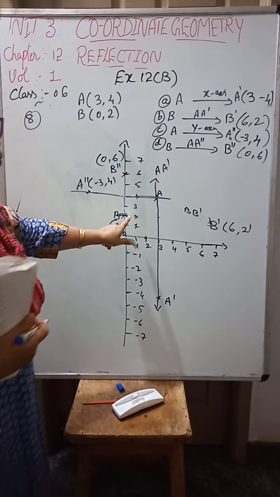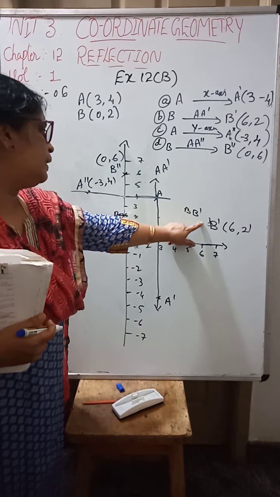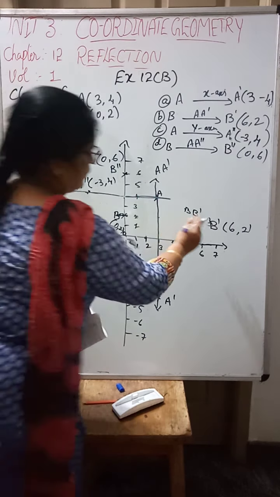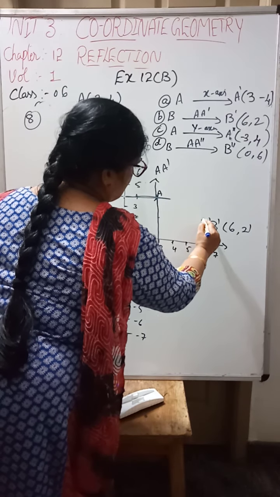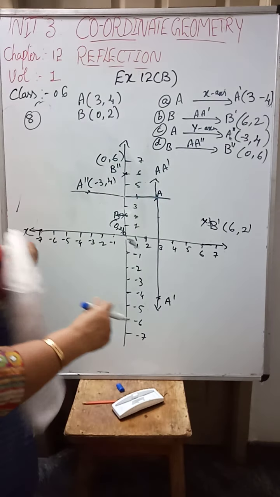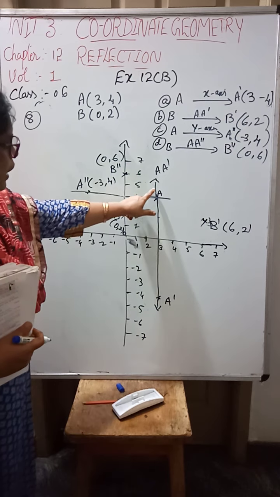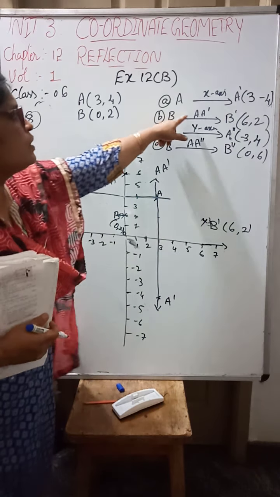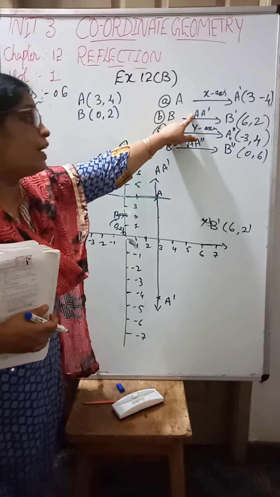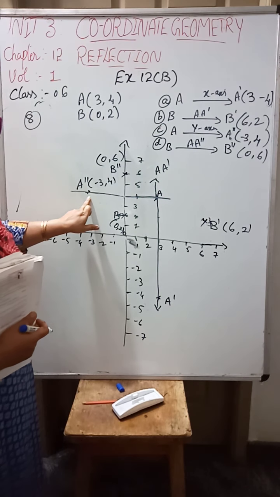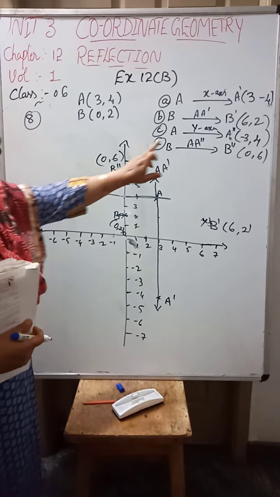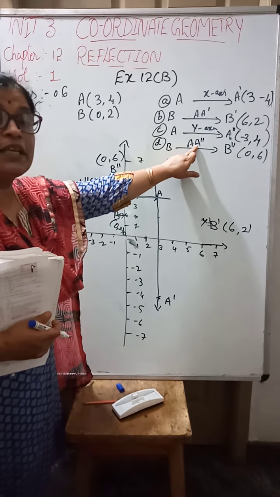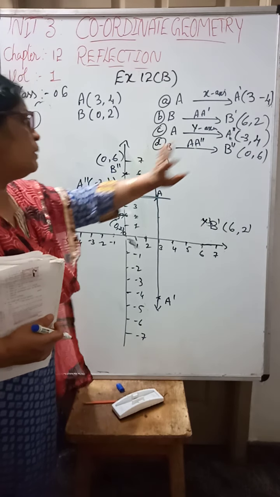Here no need to join B and B dash. We have to take A dash because reflection has taken place in the line A dash, and A double dash has to be joined because the reflection has taken place in the line A double dash.